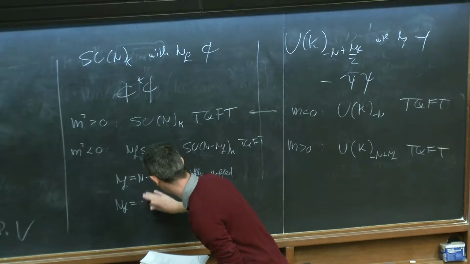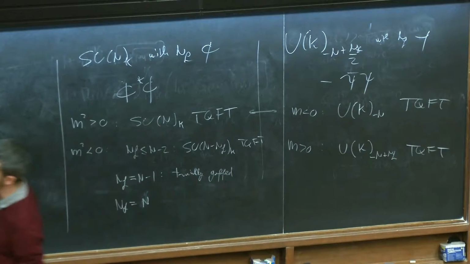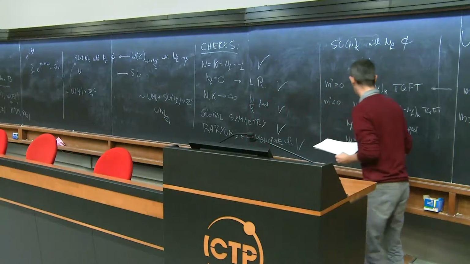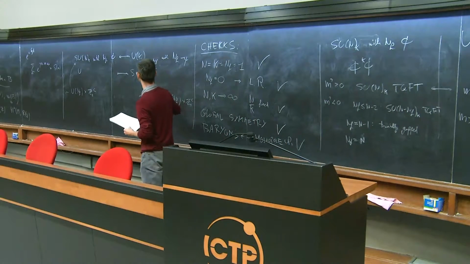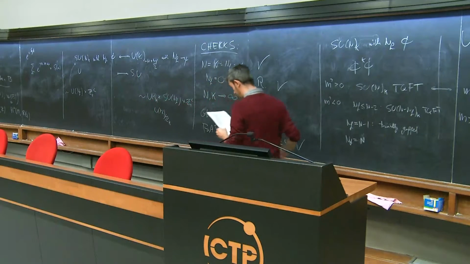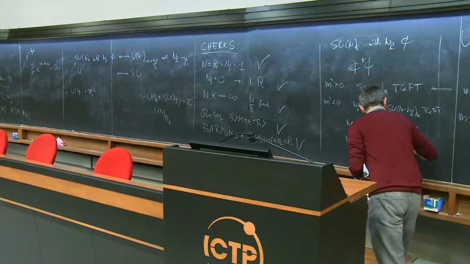If we take N_F equal to N, all the scalars condense, so they completely break the SU(N) part, but in fact they also break the U(1) in the global symmetry now. Since they are breaking a global symmetry, there is a Goldstone boson. So this is similar to what we discussed in the abelian case. And so what we get here is an S^1 Goldstone.